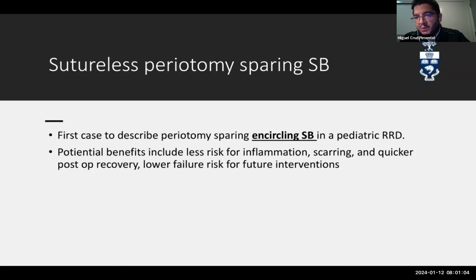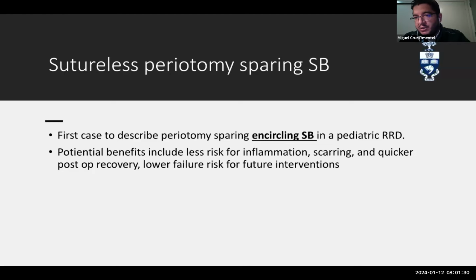And as Mohammed was mentioning, the scarring of the conjunctiva is the main risk factor of trabeculectomy failure, leading to up to 50% of trabeculectomy failure in patients with previous ocular surgery. And those are mainly the points that we want to address, by encouraging the use of this technique with limbal sparing peritomy.